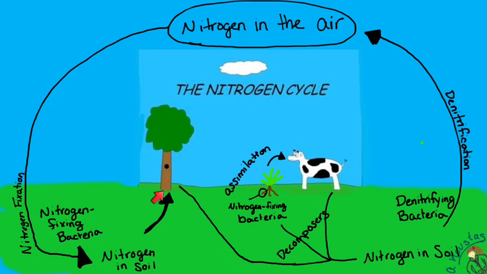So while this tree here, which does not have the special roots that have the nitrogen-fixing bacteria in them, needs to be planted in soil that already has nitrogen-fixing bacteria there that are doing the process of nitrogen fixation.